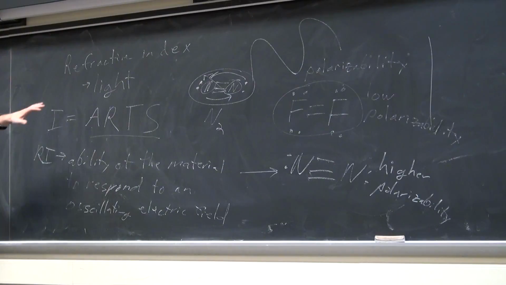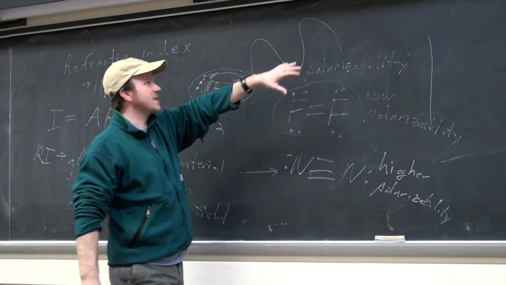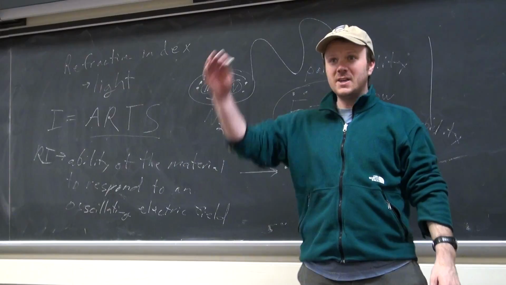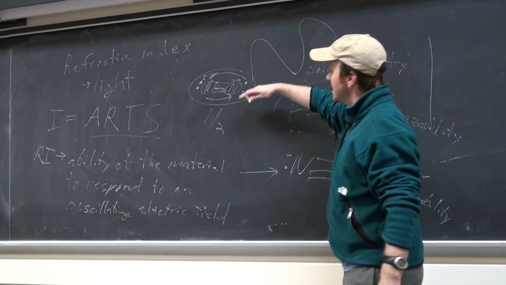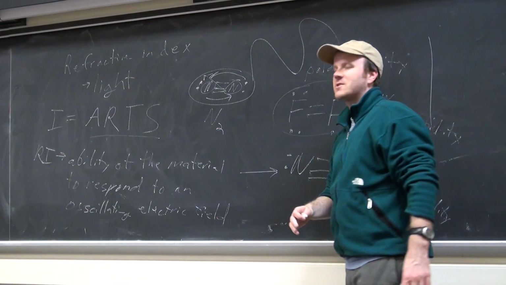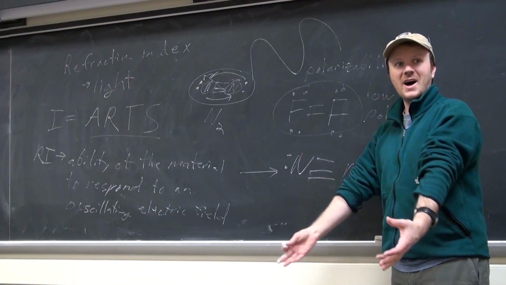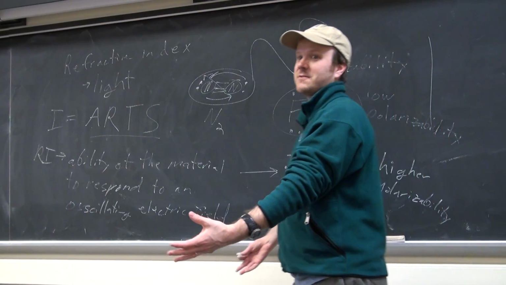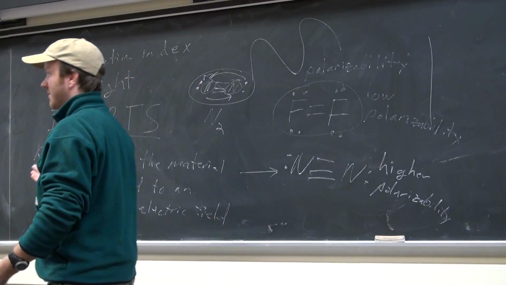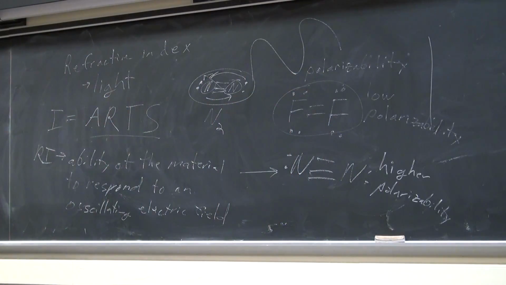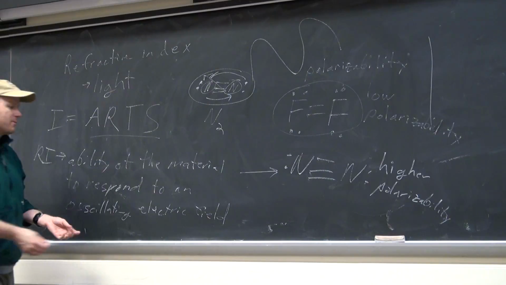So when this light comes in, light is basically an oscillating electric field, right? It's a wave. And so this wave comes in, it shakes the electrons around in nitrogen, and for a material that responds a lot to that oscillating electric field, that's a high refractive index. For a material that doesn't respond very much, that's a low refractive index.